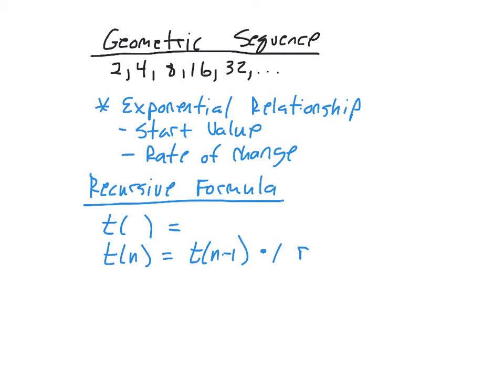Arithmetic, we add or subtract. Geometric, multiply or divide. Start value, no different. It can be t of 1, t of 2, t of 3, etc. Doesn't matter. However, if I start at a later value, I don't get the whole sequence.